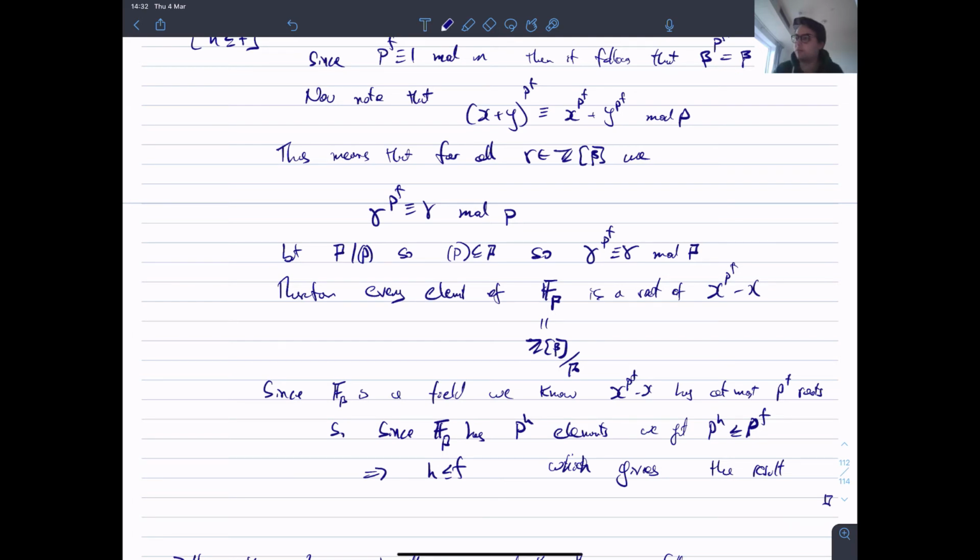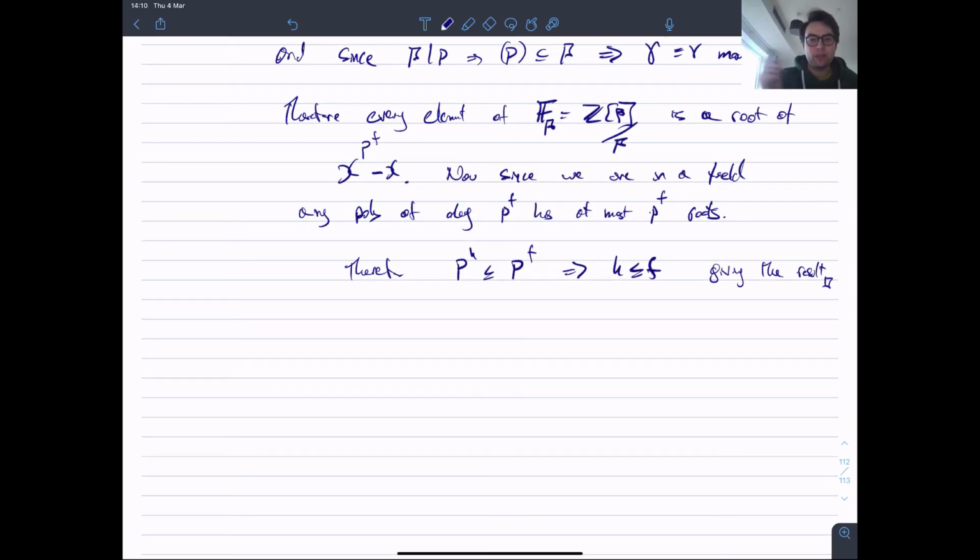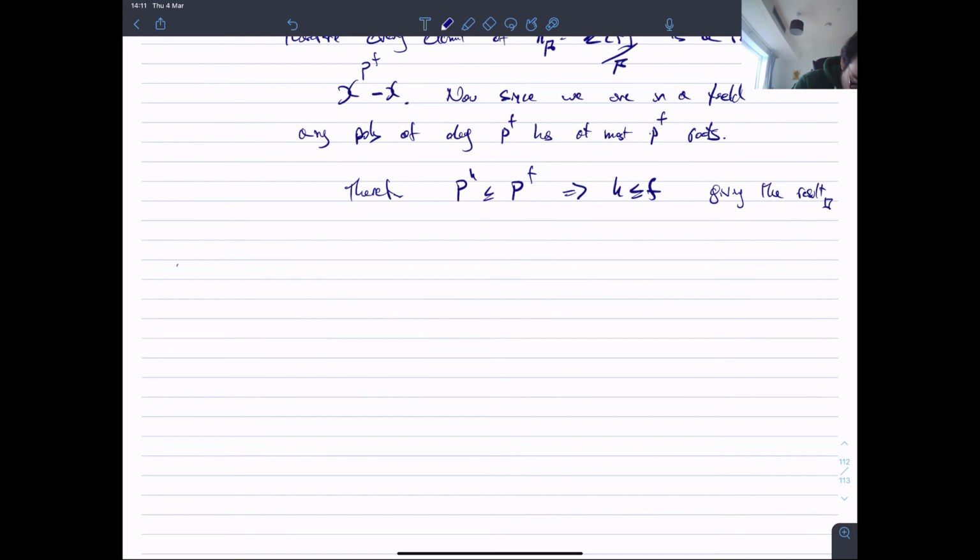Great. So now I'm going to combine both lemmas to get the full theorem. So, putting these lemmas together, we get the theorem as follows.